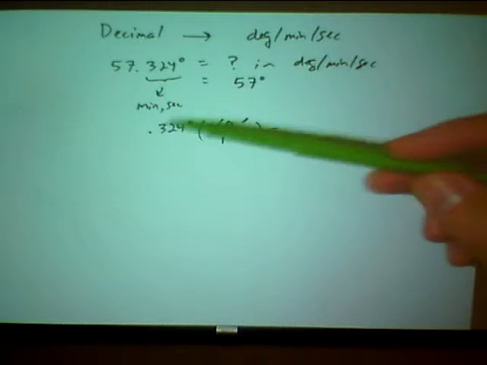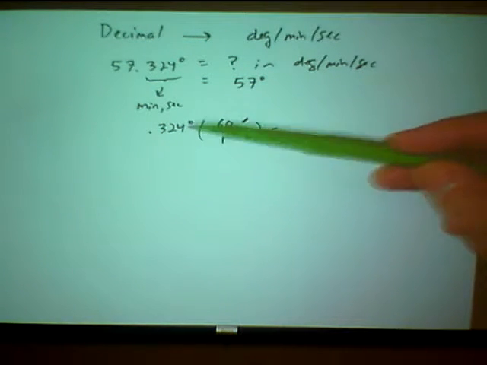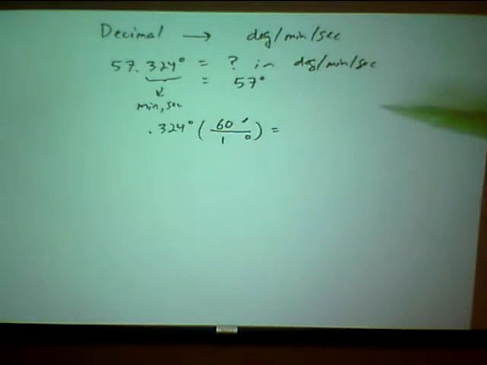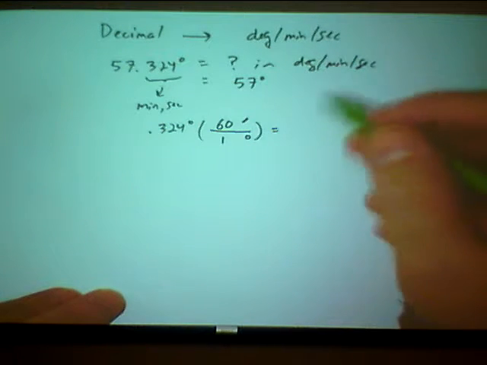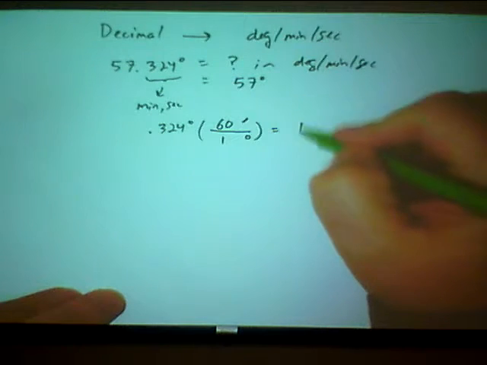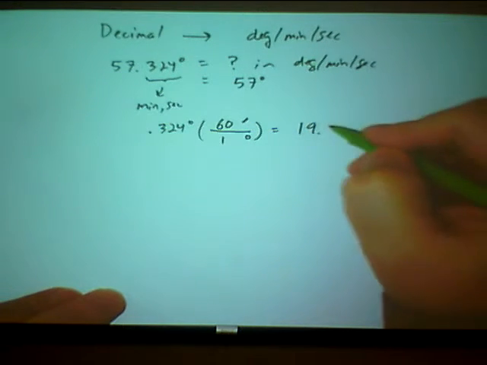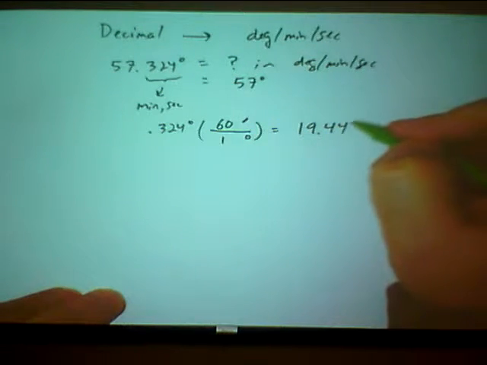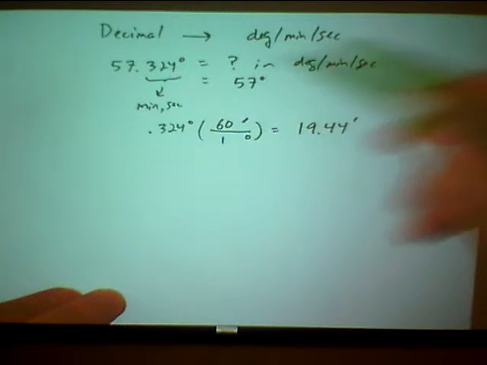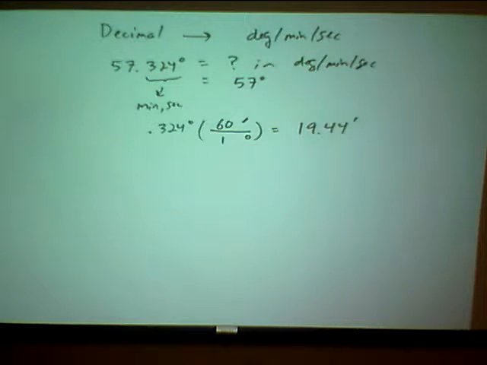So if I take 0.324 degrees and multiply it by 60 over 1, I grab my calculator, and I realize that that's going to equal 19.44 minutes. So basically 0.324 degrees is the same thing as 19.44 minutes.